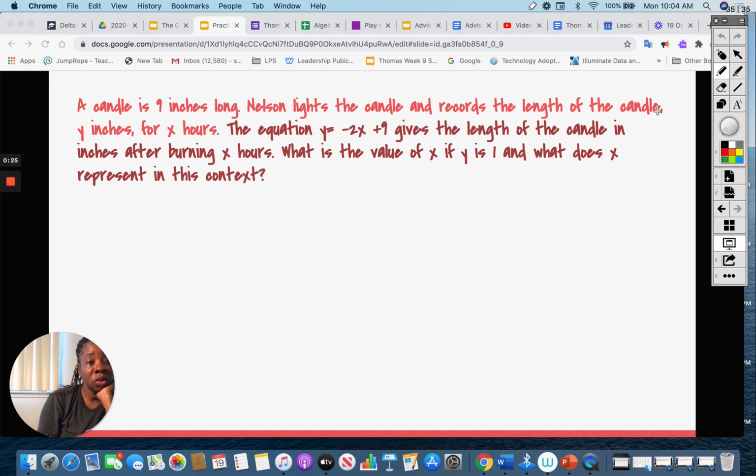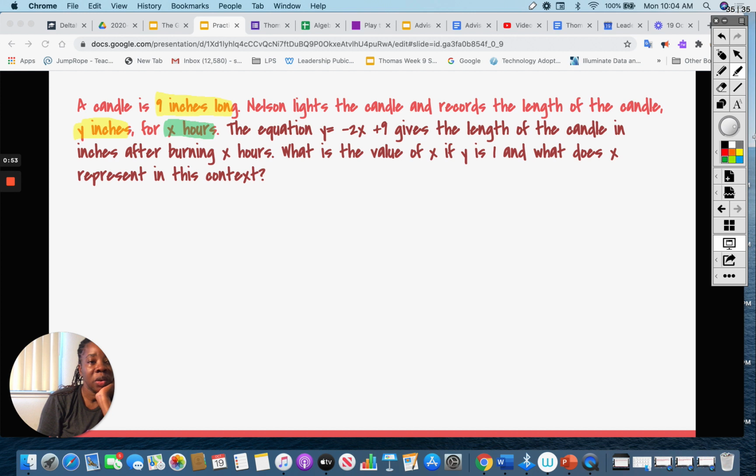So as usual, my strategy is I'm going to look at and highlight the important information in the problem. So the candle starts out 9 inches long. It says y is for the length and x is going to represent time in hours.